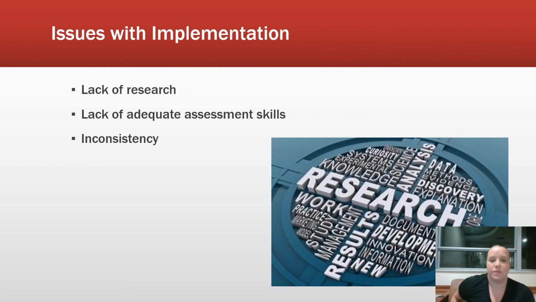We also, a lot of nurses, like I said, don't have adequate assessment skills as far as assessing a patient, whether they are delirious or not, and understanding if they're hypoactive delirium, hyperactive delirium, or mixed delirium.